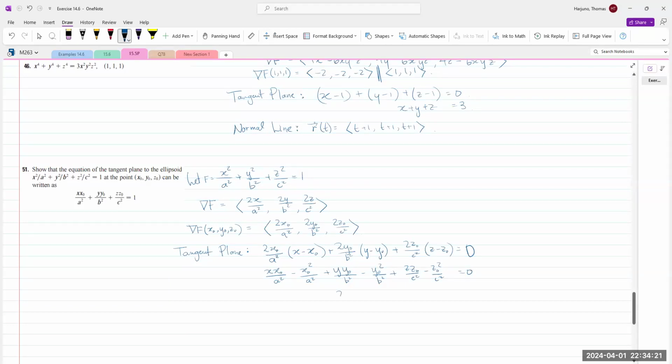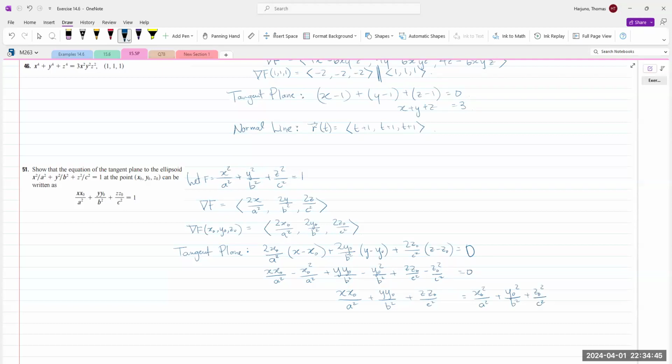Then I collected x x naught over a squared plus y y naught over b squared plus z z naught over c squared equals x naught squared over a squared plus y naught squared over b squared plus z naught squared over c squared.